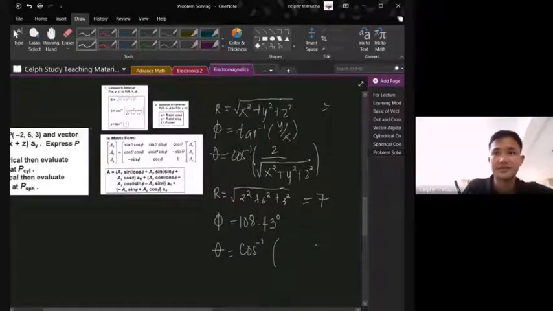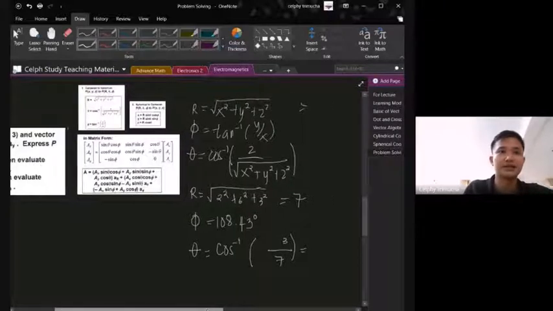Z natin is 3. So this is 3 all over 7. Z all over R lang man na siya. So diretso na lang 3 all over 7. So pila ni nga ang value sa ating angle?